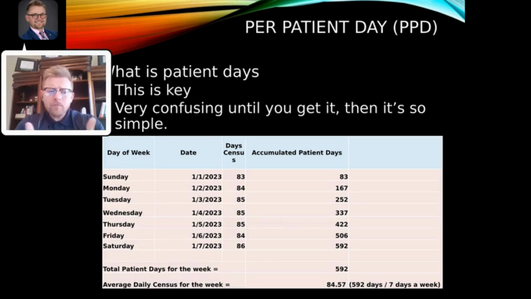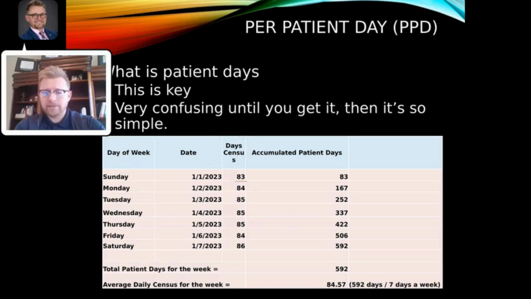So let's look at this period right here. This is 1 week, with the days of the week, the date, and the census for that day. Let's look at Sunday, the first day of our period. We have 83 patients in our nursing home. I hate the term, but I've heard it a lot: it's called heads in the bed.